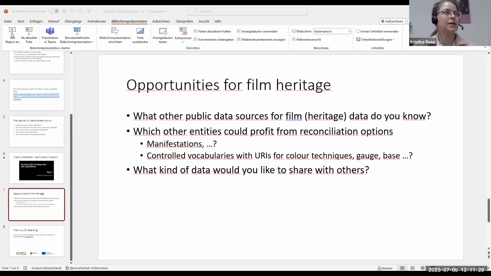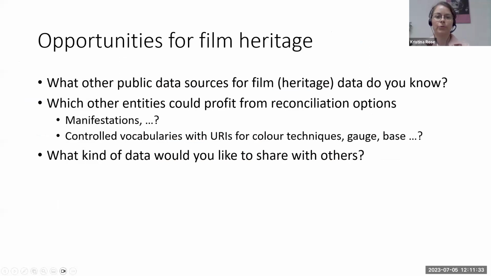As the last bit, I was wondering, since you all possibly work in the film heritage domain or in the data domain, what opportunities you see for film heritage when you now see this reconciliation opportunity, or what OpenRefine and publicly available data sources offer.